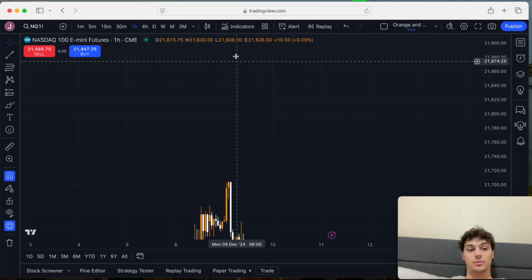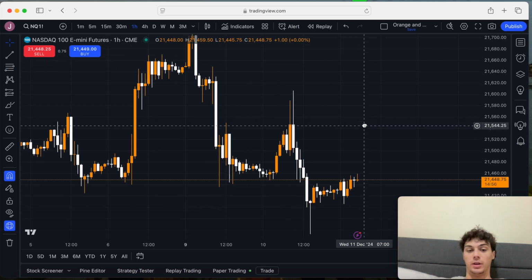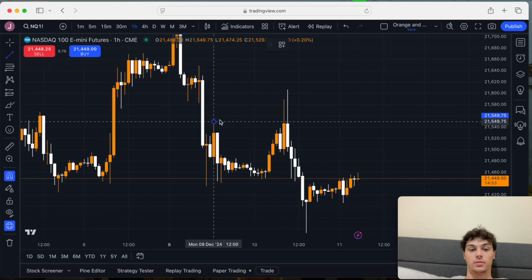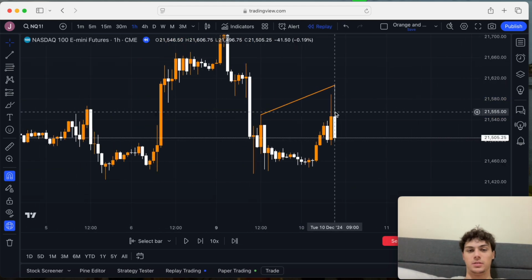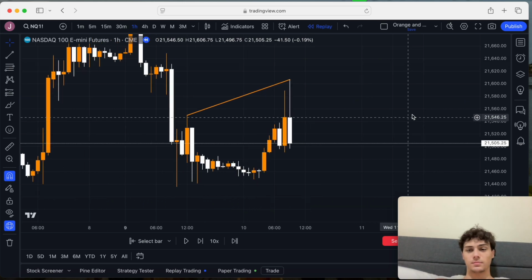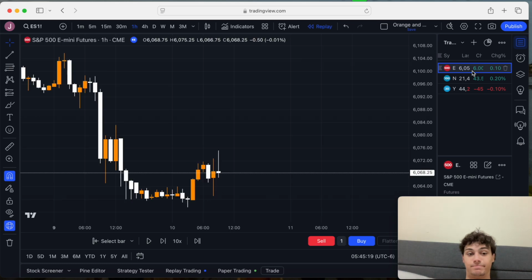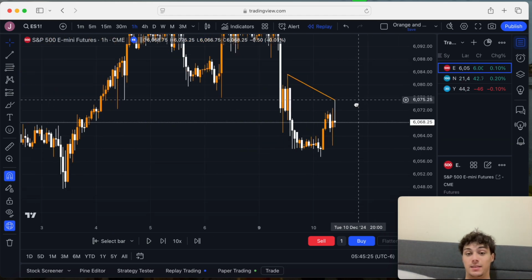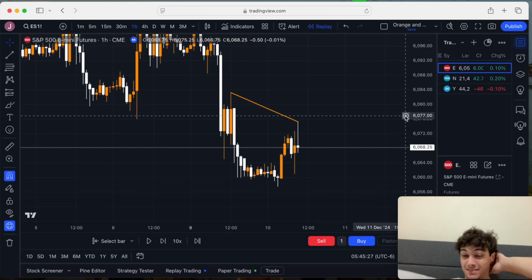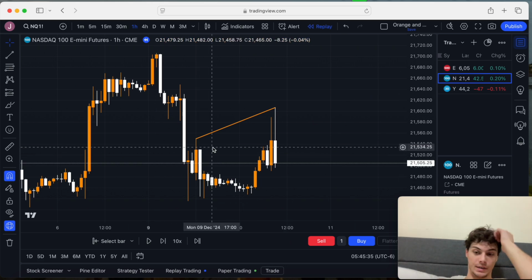So, for instance, yesterday there was a clear hourly SMT divergence. As you guys can see, here is where the market was yesterday. I'm pretty sure you guys can see it, but if you can't, Nasdaq makes higher highs.